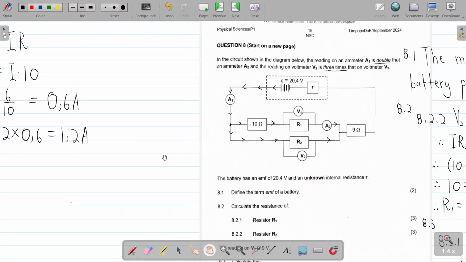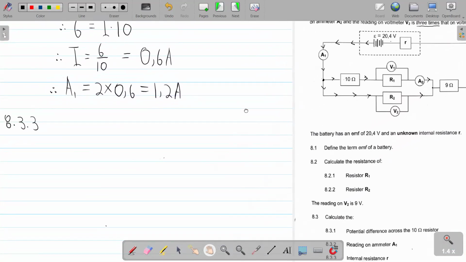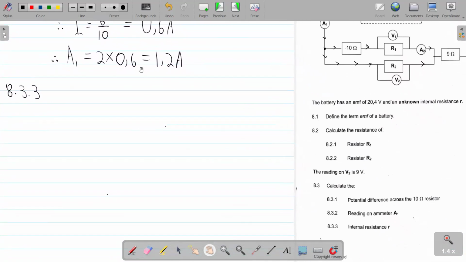So now, what are we going to do? We are going to say EMF equals V external plus V internal. Now, V external is made up of what?